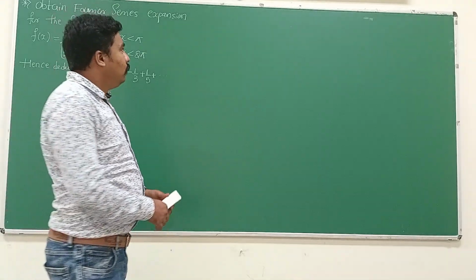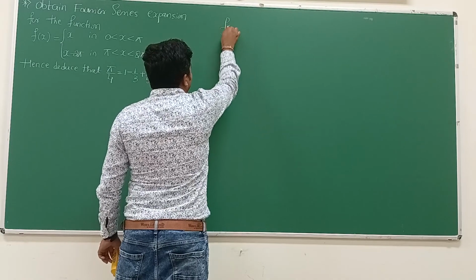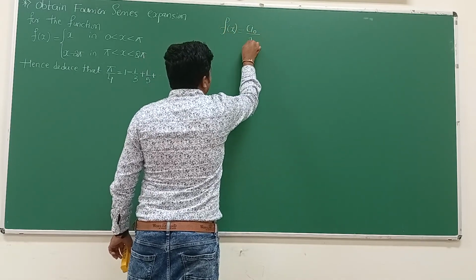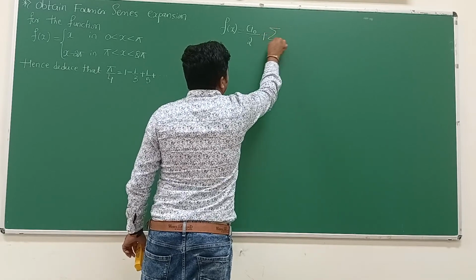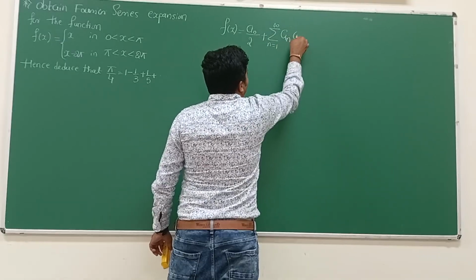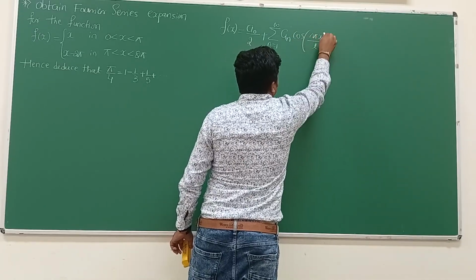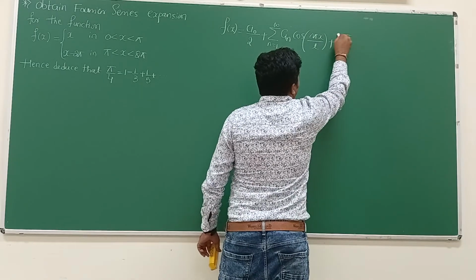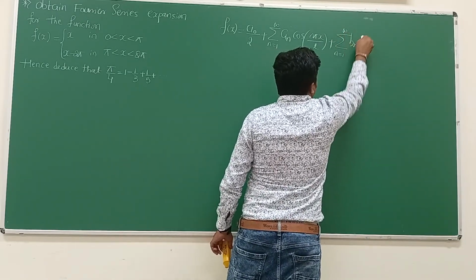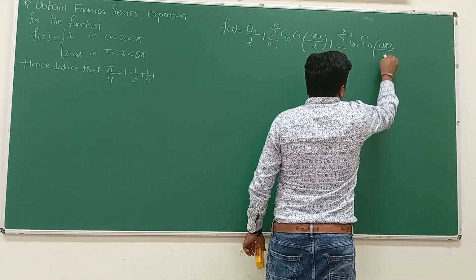As I told, the standard form of the Fourier series is f of x equal to a0 by 2 plus summation n equal to 1 to infinity a n cos n pi x by l plus summation n equal to 1 to infinity b n sin n pi x by l.